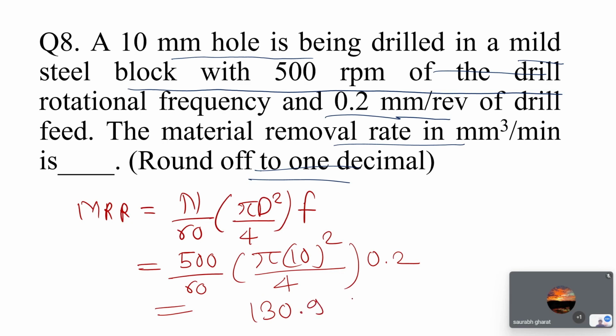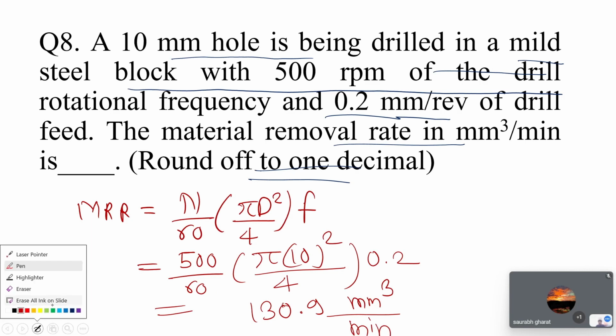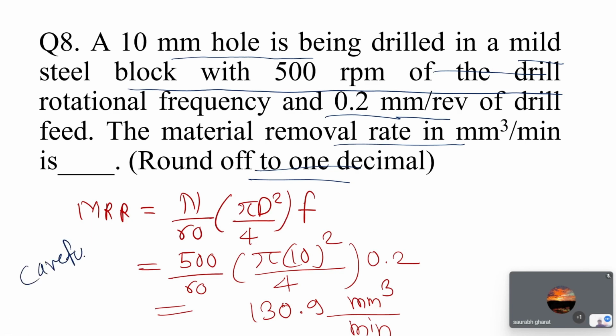You will get the answer 130.9, and this answer will be directly in millimeter cube per minute. Though you are placing 60 here, according to the formula it does not change it. You need to be very careful with the drilling case, because the unit will change here.